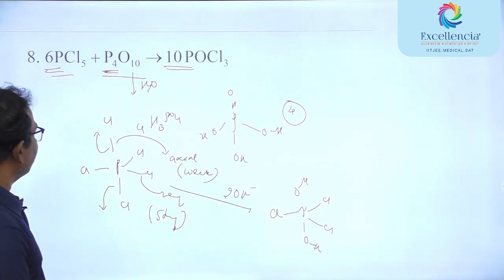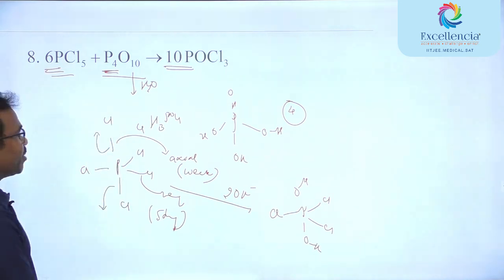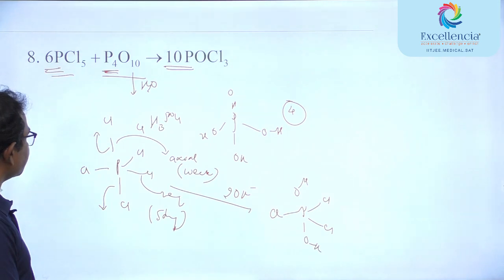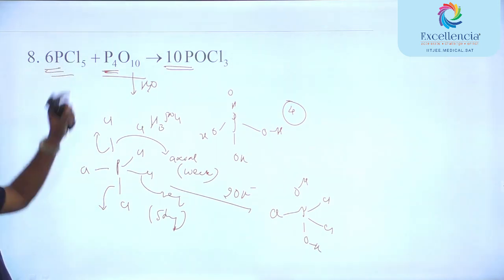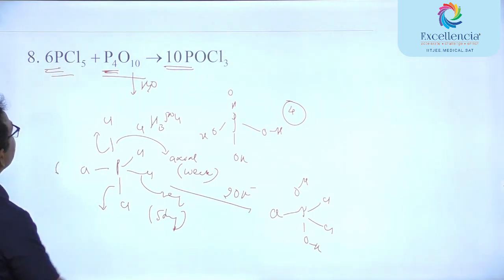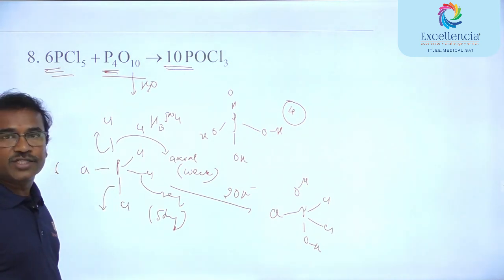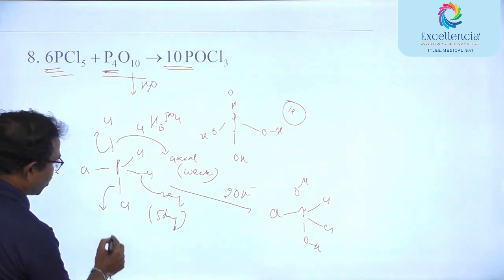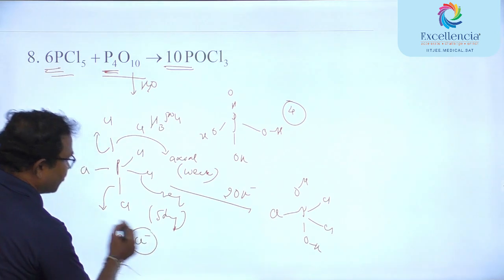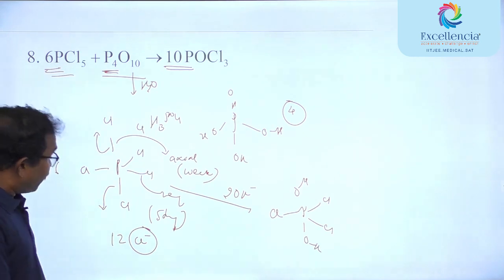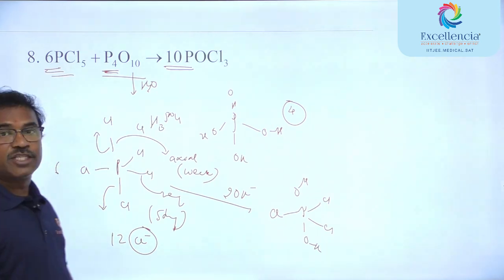Likewise, 2 chlorides can be replaced like this by 2 OH minus. Now where is the source of OH minus? We have 6 PCl5, and in each mole there are 2 unstable chlorides. So obviously you have 12 chlorides which can be substituted. What is the source of 12 OH minus?